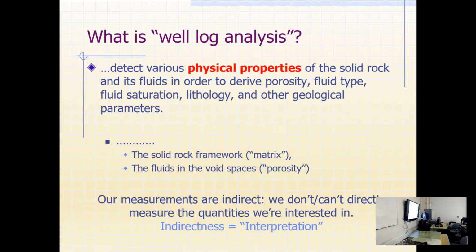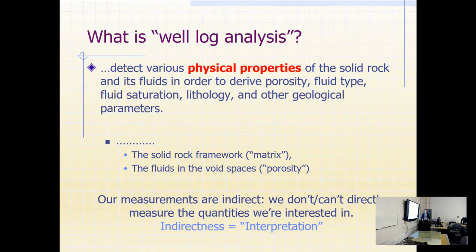I'll say this over and over again. It's very important to understand that your measurements are indirect. You don't directly measure any type of quantity that you're interested in. So we talk about porosity logs all the time, but there actually is no such thing as a porosity log in the sense that you have a log that just immediately measures porosity. That doesn't happen.